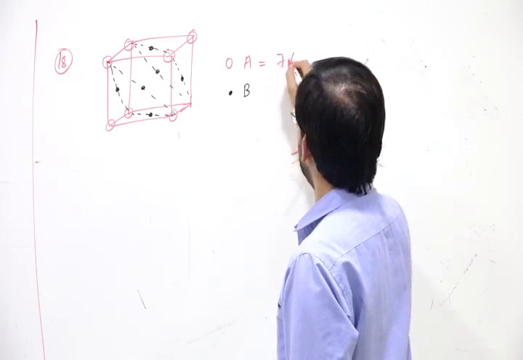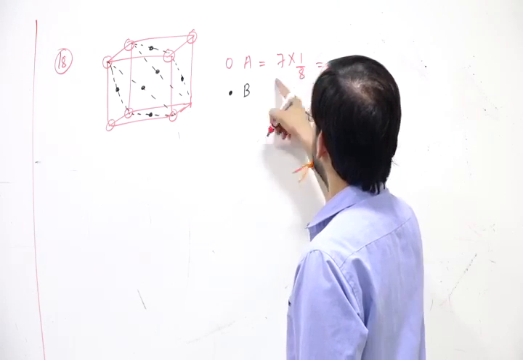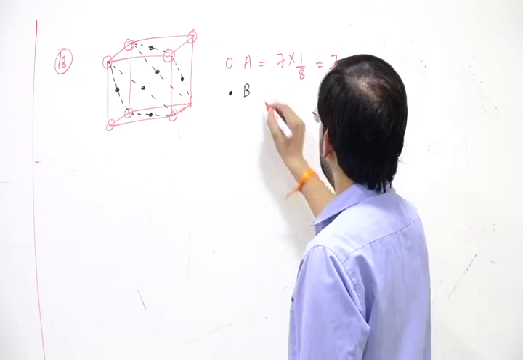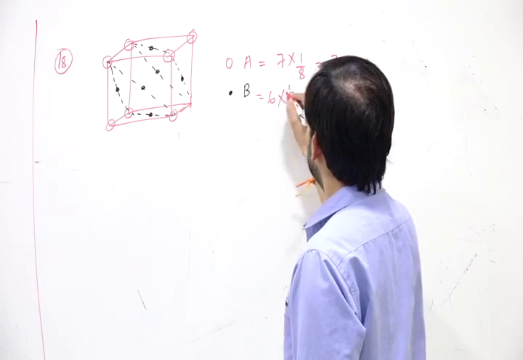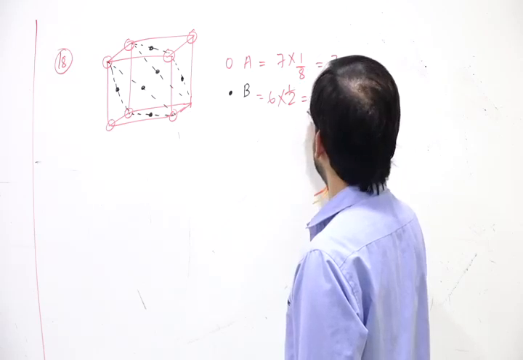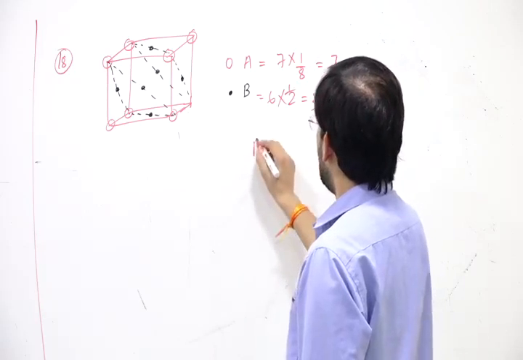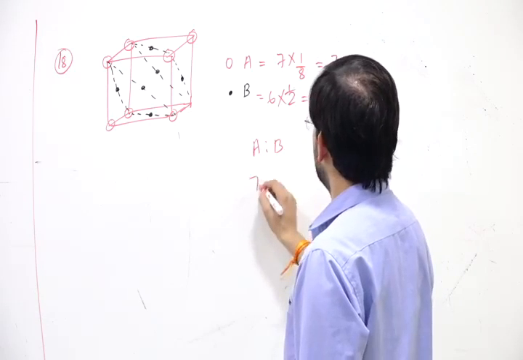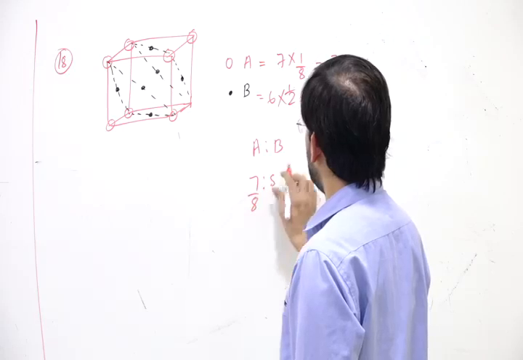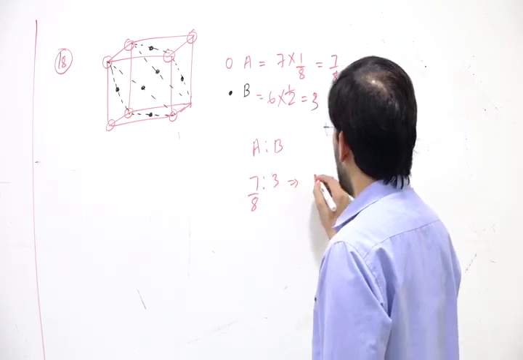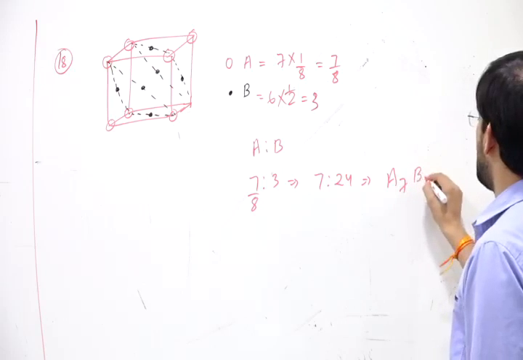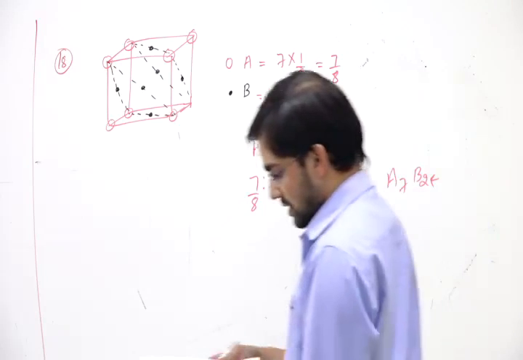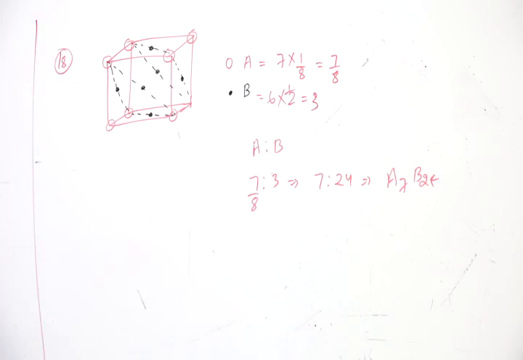So 7 into 1 by 8, 7 by 8. How many B are there? 6 into 1 by 2, right? So we get 3. Now I take a ratio of A is to B. 7 by 8 is to 3, or 7 is to 24, or A7B24. Any other doubt, beta?